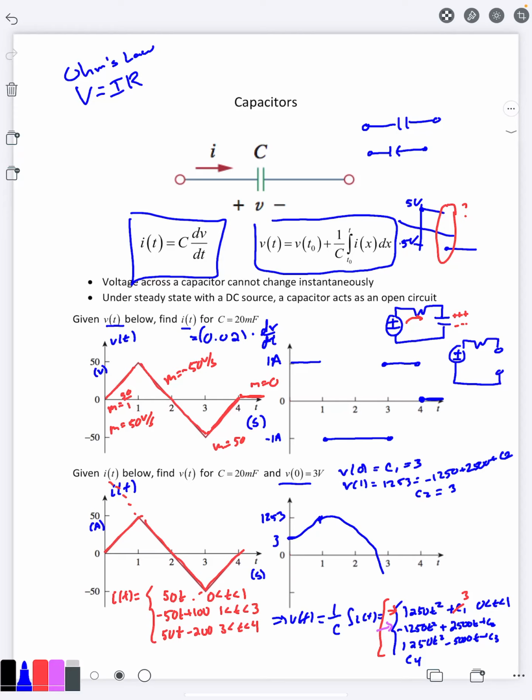Now let's figure out what the value of 3 is here. So the value of 3 is going to be negative 1250 times 3 squared plus 2500 times 3. And our C2 was 3. We worked that out. So let's do some quick calculations here.